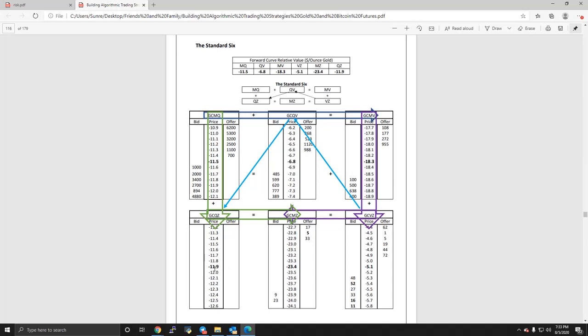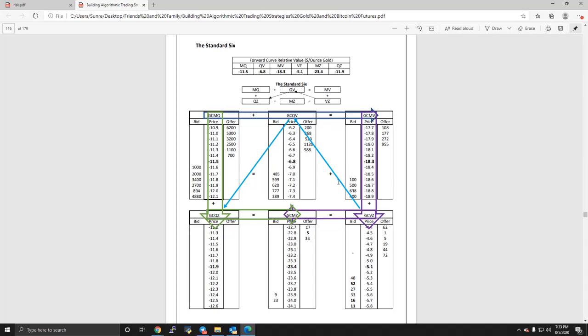And we can leverage this knowledge to bring orders all the way down the calendar curve, at least 6 months out. You can expand on the standard 6 into a standard 9, which would cover 12 months of the calendar curve for a particular futures market complex.